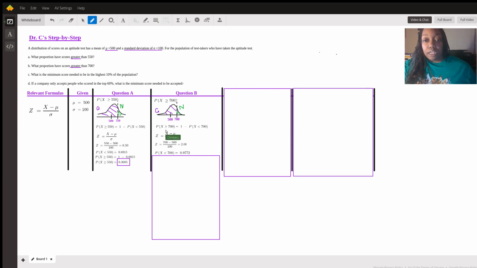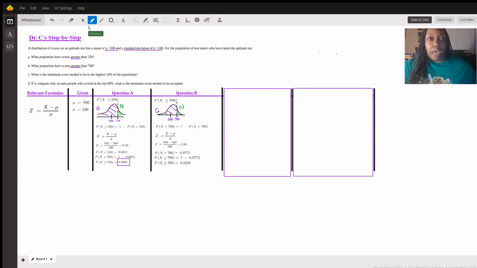But of course, we're not done because we already said we have to take the subtraction of that. So the probability of X being greater than 700 is 1 minus 0.9772. Okay, so when we do that, that gives us our probability value of 0.0228.